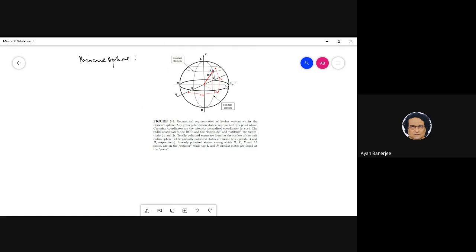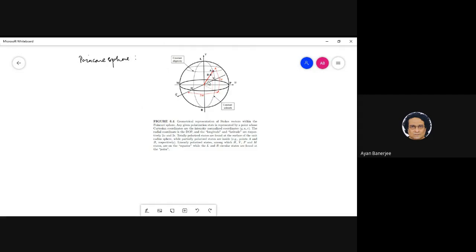The equator represents different linear polarization states. And what is interesting is any totally polarized light will fall on the surface of the sphere. Anything that is within the sphere is essentially partially polarized. Okay, totally polarized states, that is very crucial.